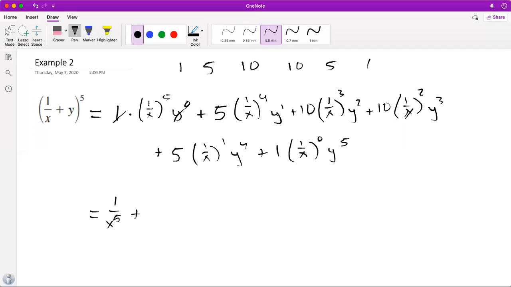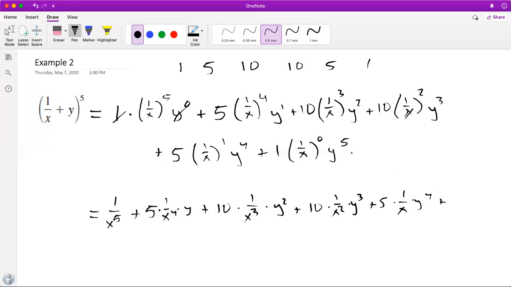I'm going to have y and 1 over x to the 4th, so I'll write this twice, times 1 over x to the 4th times y, plus 10 times 1 over x cubed times y squared, plus 10 times 1 over x squared times y cubed, plus 5 times 1 over x times y to the 4th, plus this last term is a 1 and a 1 and just a y to the 5th.